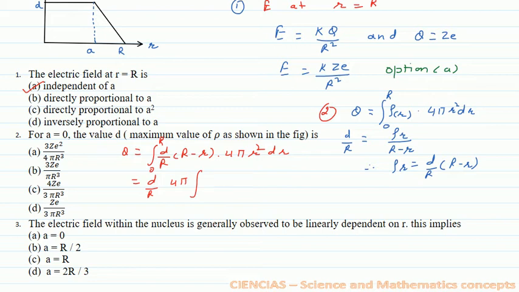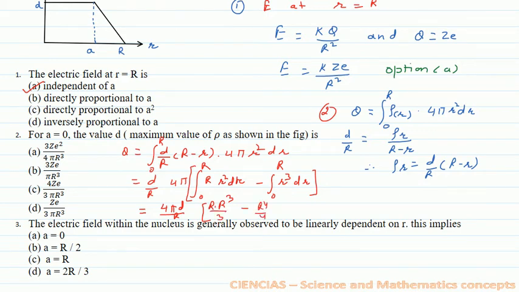This becomes integration R into r square dr minus integration r cube dr. Now the limit is from 0 to R, and this is also from 0 to R. On solving this, we get 4 pi D upon R into R into R cube by 3 minus R4 by 4, which will be equal to pi D R cube by 3.